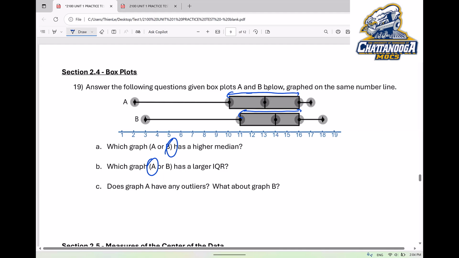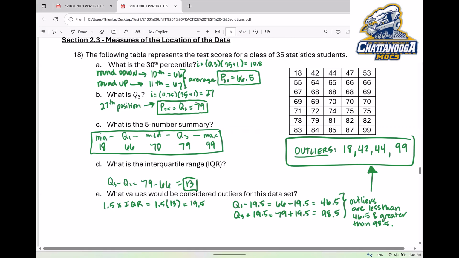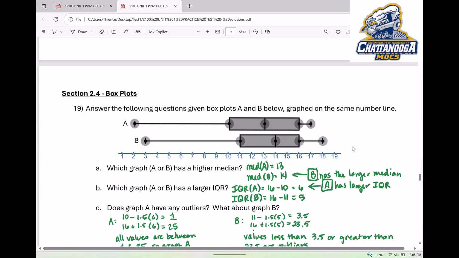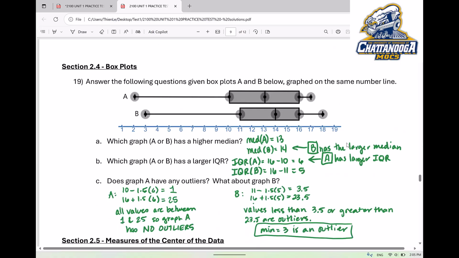So let's see. Here we have a calculation ready for us, so we don't need to redo it. Okay, then look at the solution. So for plot A, the lower cutoff will be 1, because 10 is the first quartile, subtract 1.5 IQR, which is 6 in this case, and you get 1. The upper cutoff will be 25.